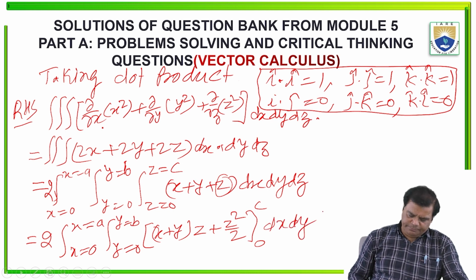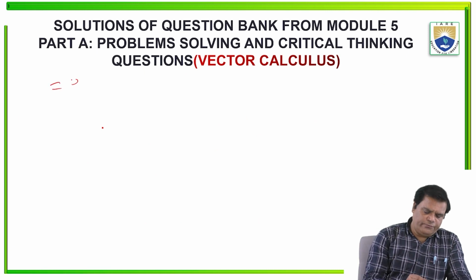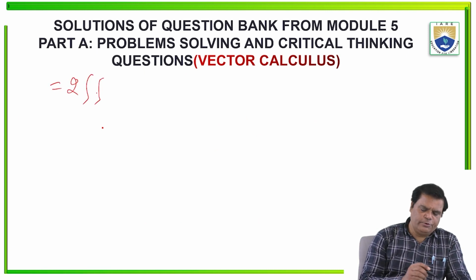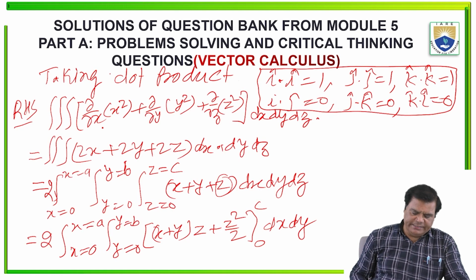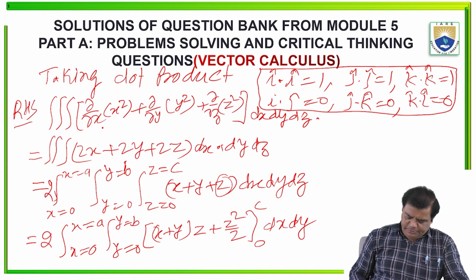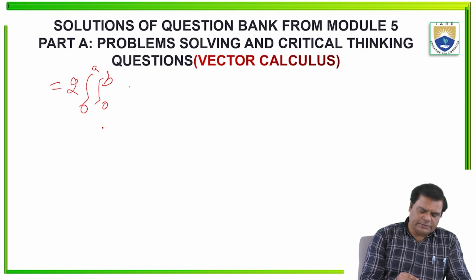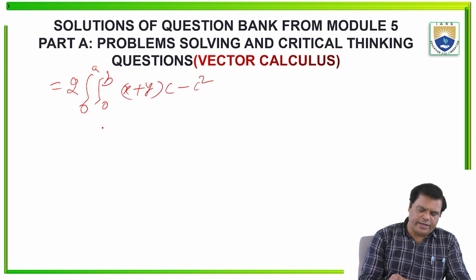So now twice the double integration 0 to a and 0 to b. So here apply the limit. Here x plus y into c, x plus y into c minus c square by 2, minus 0 minus 0.